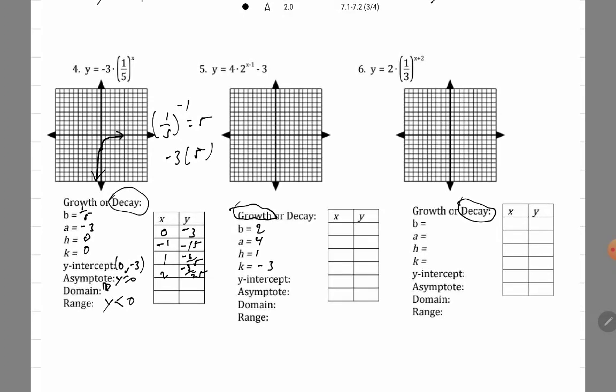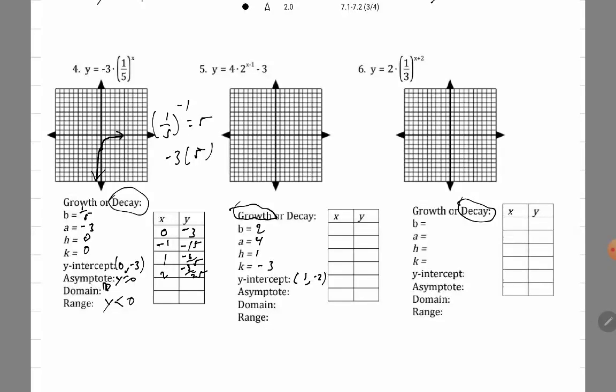Alright. So you always want to start off at h, comma, k. So this would be 1, negative 3. Is that my y-intercept? For the others, no, it's not. It's 1, negative 2, isn't it?